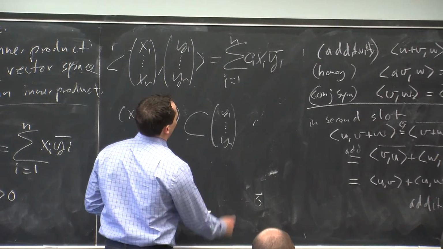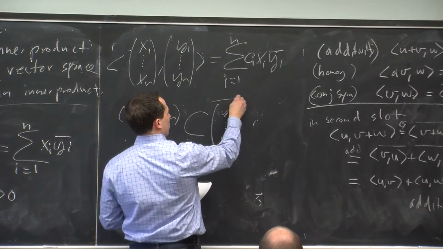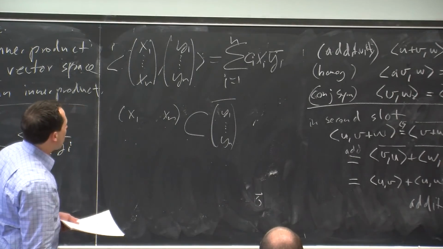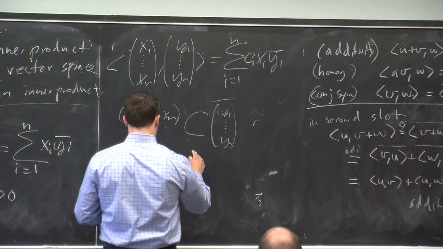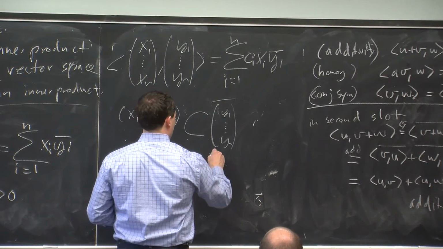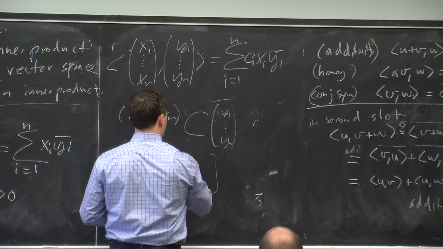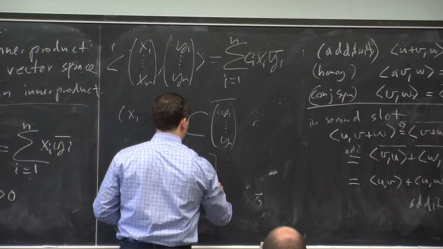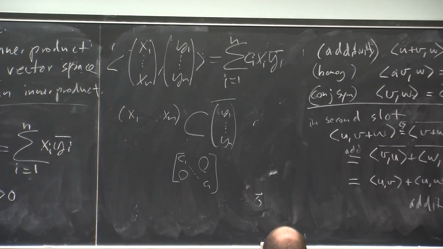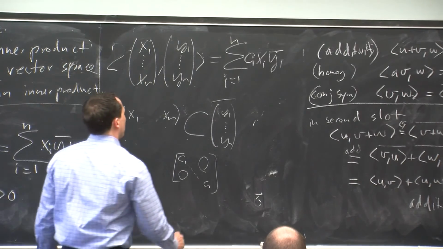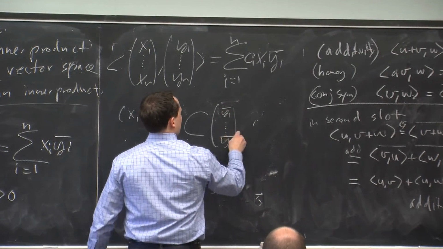Well, that's without the conjugation, but let's conjugate this one. And what we're saying is that if we're in this situation, the matrix C is diagonal, with C1 up to Cn, with all these C's positive. But it's certainly, let's put the conjugates on the inside, that's a little clearer.